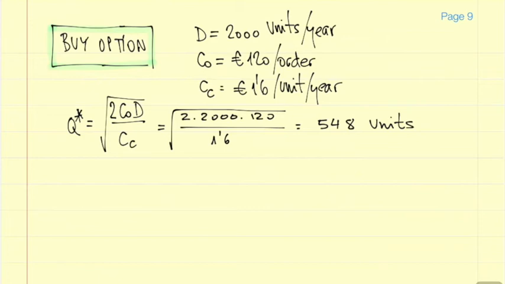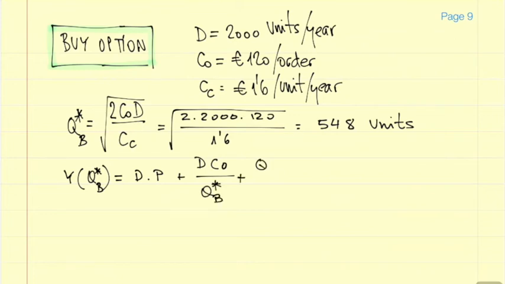Okay, the total cost, TC of buy, equals D times price plus D times CO divided by Q star buy plus Q star buy times CC divided by 2.